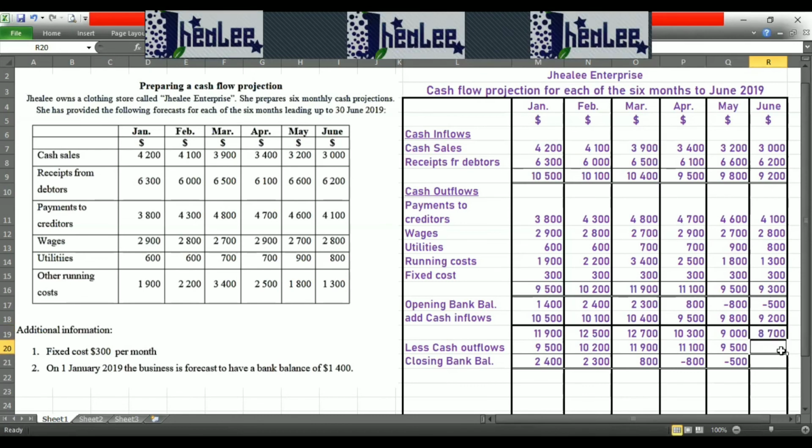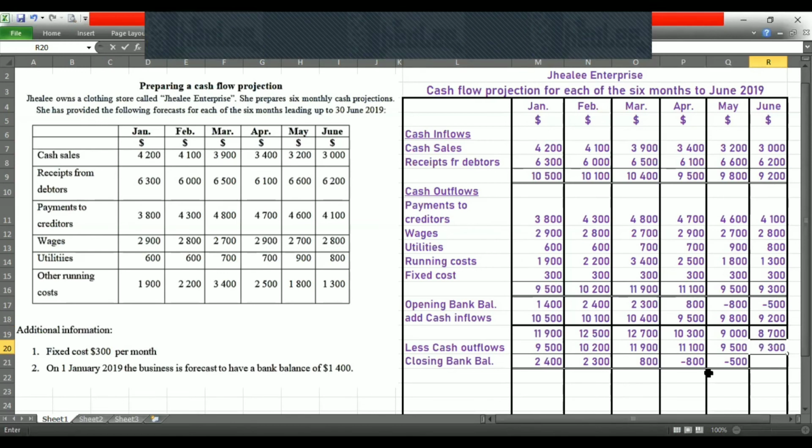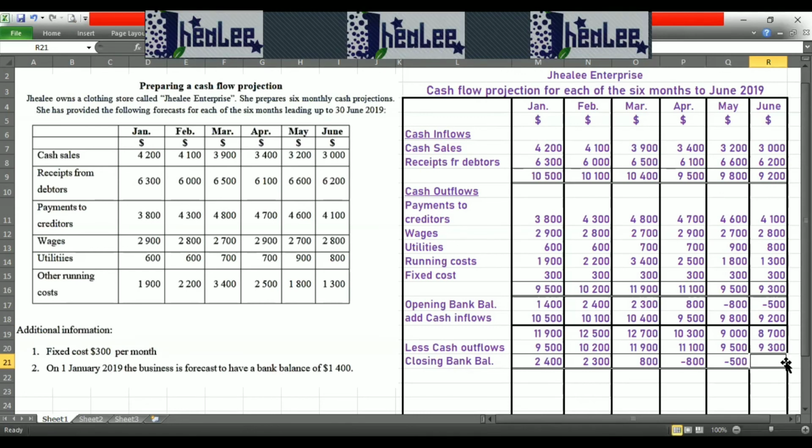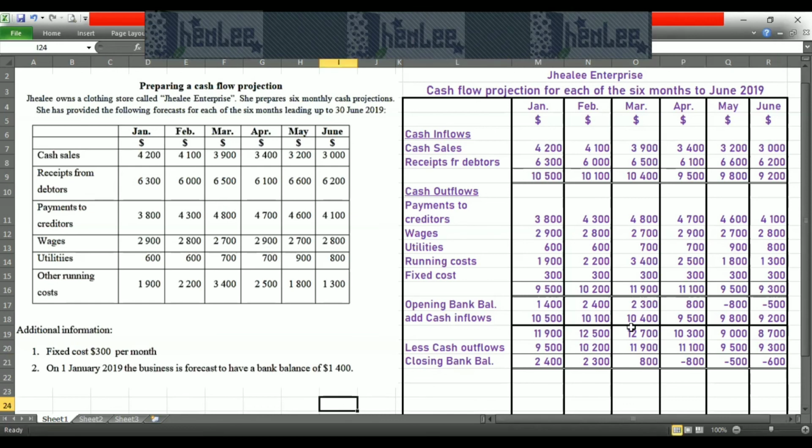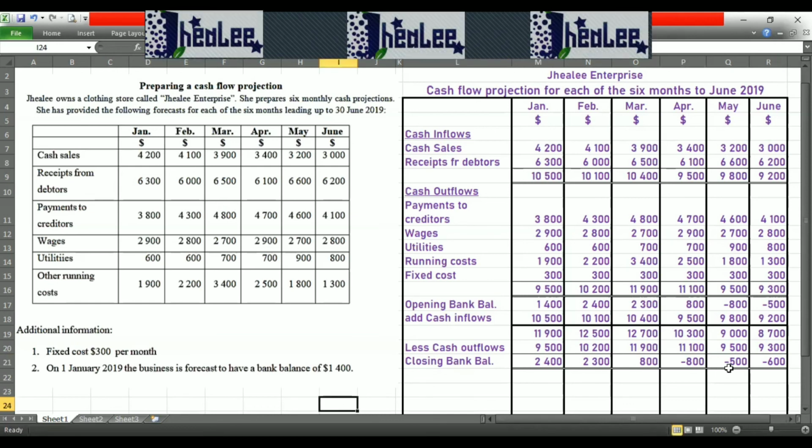Now we're going to subtract our outflows. And again, our outflows is greater than what we have in receipts. So that's 9,300. And the difference between those two figures of 8,700 and the 9,300 gives us a negative 600. So what you would notice is that for the periods from April down to June, there is a projection that the business will not have enough cash.